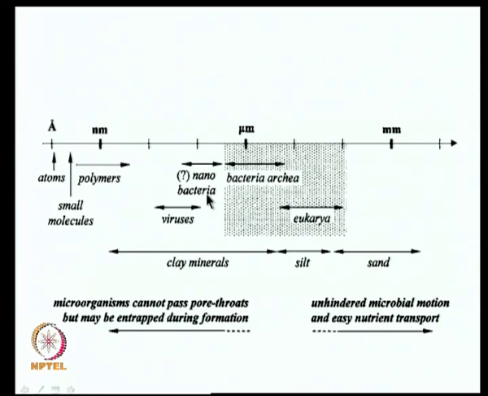People are even questioning, do you have nanobacteria? So definitely you have bacteria of very small sizes, in the range of millimeters to micrometers, and if you look at the scale in terms of millimeters, micrometers and nanometers, some of the atoms, polymers and molecules do come here.